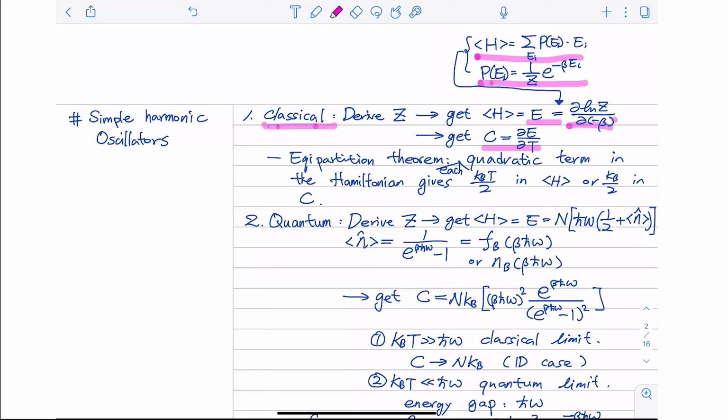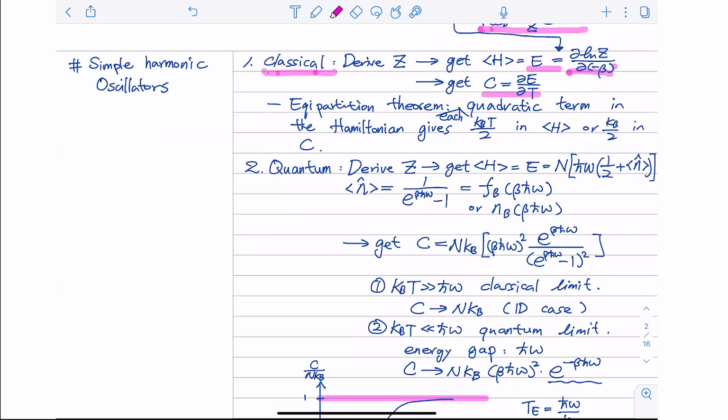That is, the specific heat will have a contribution of k_B divided by 2 for each quadratic term. So that is a very strong conclusion that can be applied to the simple harmonic oscillators or the free particle scenario. Then from the classical harmonic oscillator, we try to ask another question.